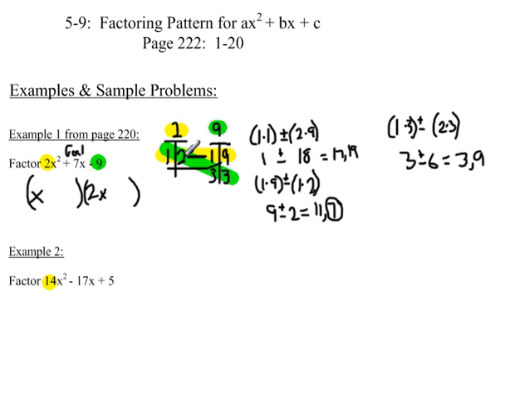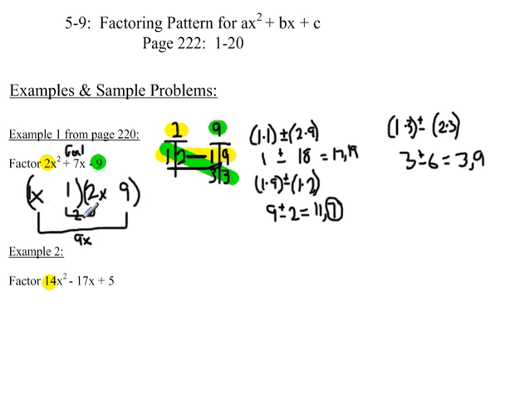Now I showed that the 2 is going to need to multiply by a 1. Your inner pairs are going to multiply and your outer pairs are going to multiply. So it's 2 times 1, and the 1, which is the x here, needs to multiply by 9. So here's 1 times 9 right here. So that's 9x.